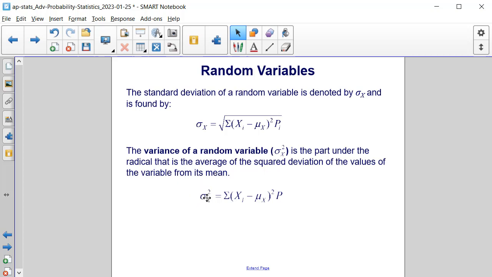So sigma sub X squared is equal to the summation of x sub i minus mu sub X, quantity squared, and then times the probability of each outcome. In other words, if we take our original equation and we square both sides, we get sigma sub X squared, and the radical goes away.